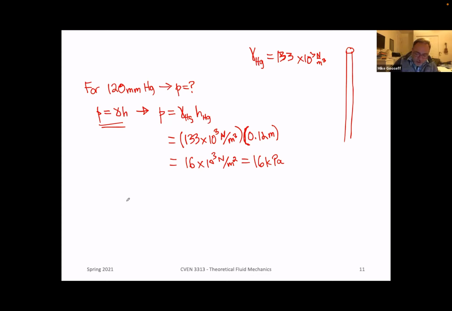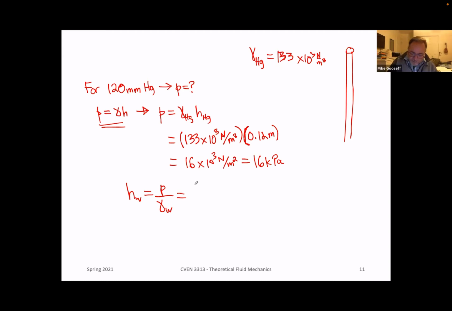So we're going to rearrange this equation and solve for the height of water given this pressure. We have 16. When I rewrite this equation, I end up with P, our blood pressure, divided by gamma water instead of mercury.